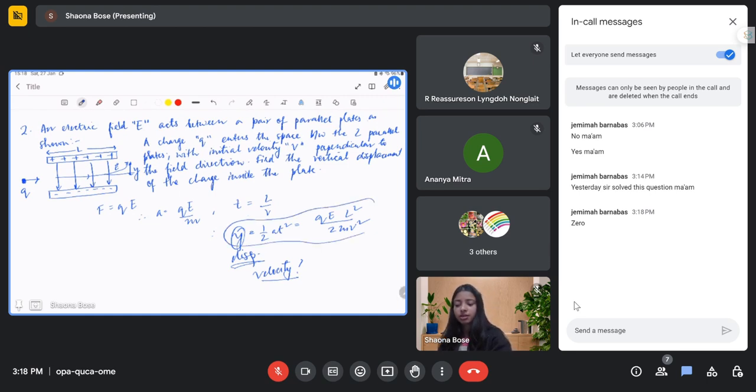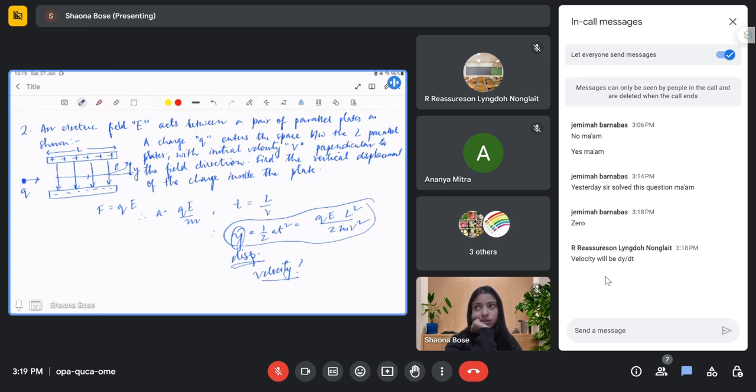You guys have understood till this part, right? I didn't go into too much explanation because you already said this has been done. So if you understand till this part, you will know that the velocity will not be zero. Why is that? Velocity will be dy by dt. It's not always dy by dt.